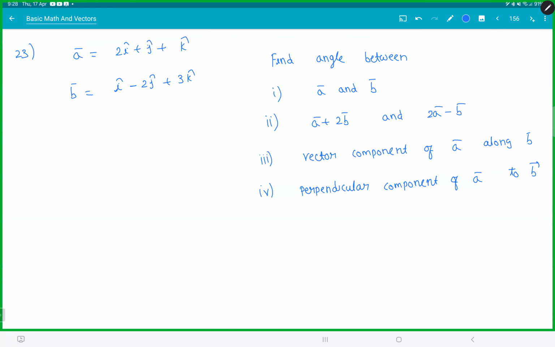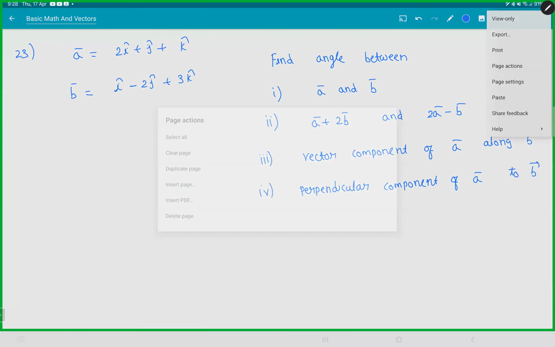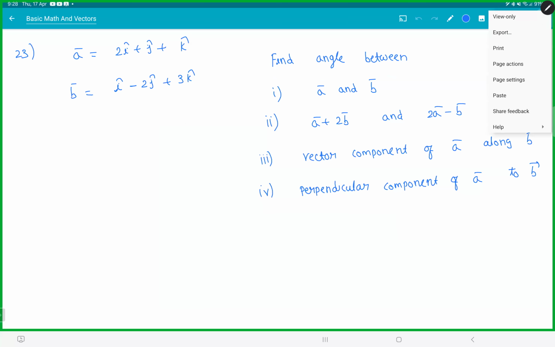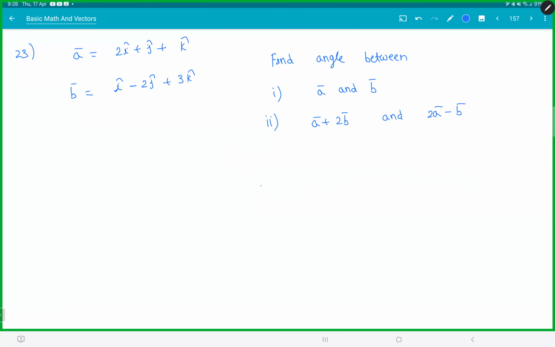Let's see the first one. First one was easy. So A dot B is mod A, mod B, cos theta. This is the formula. What is A dot B? Multiply I's coefficients, J's coefficients, K's coefficients. That's how we find A dot B, which is 2 into 1, 1 into minus 2, 1 into 3.